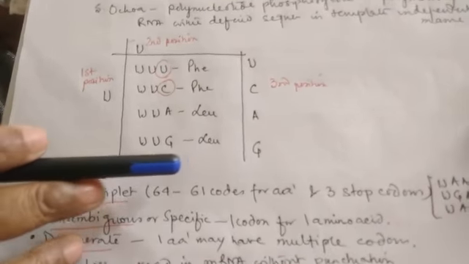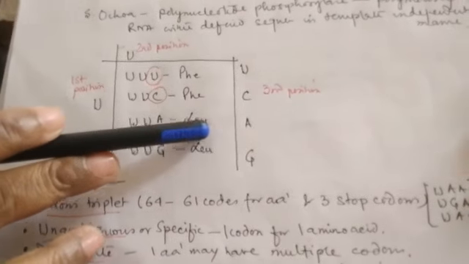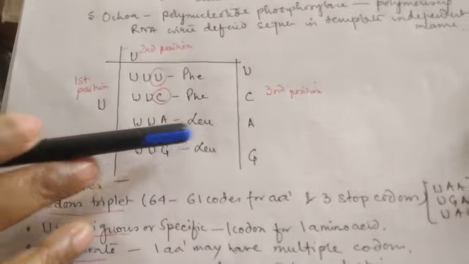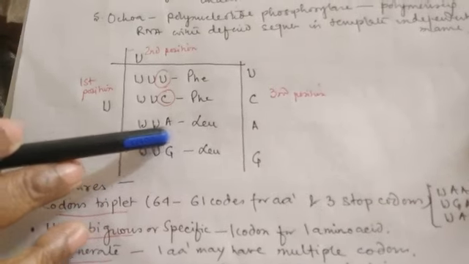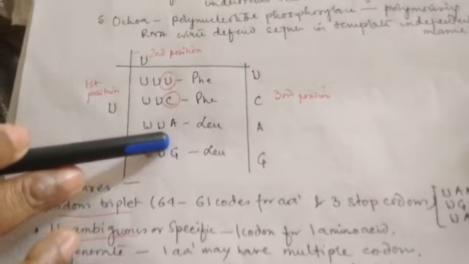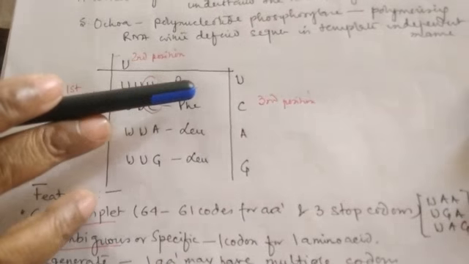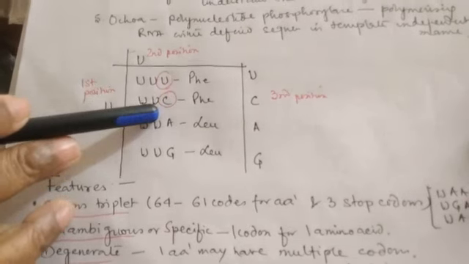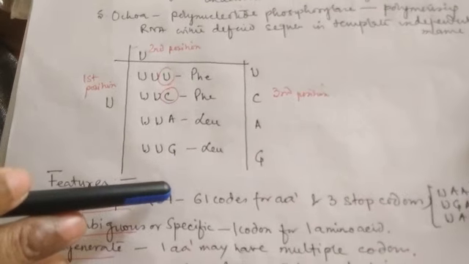Next, codons are degenerate. A single codon codes for one amino acid, but a single amino acid may have numerous codons. You can see here that phenylalanine can have two codons, UUU and UUC, and some amino acids have more than two codons.